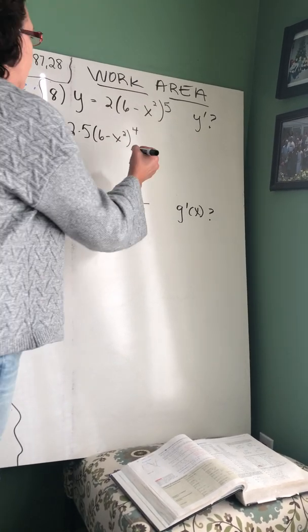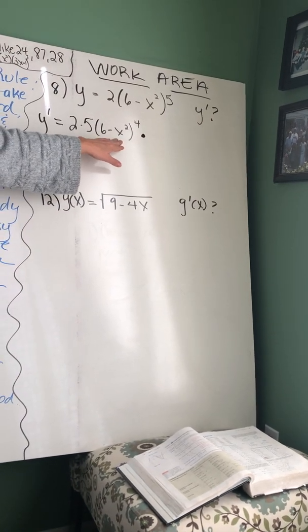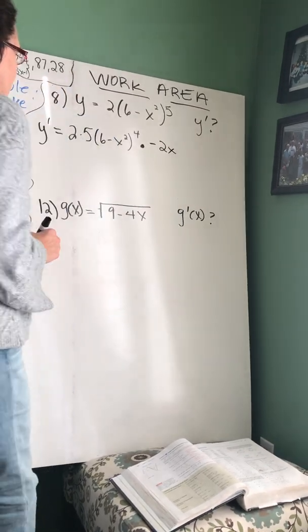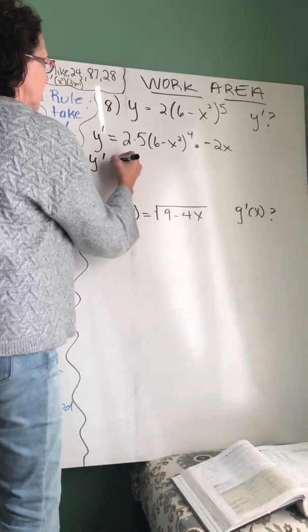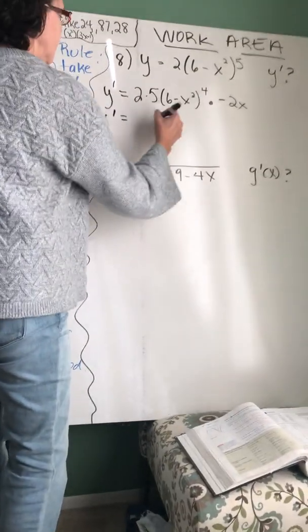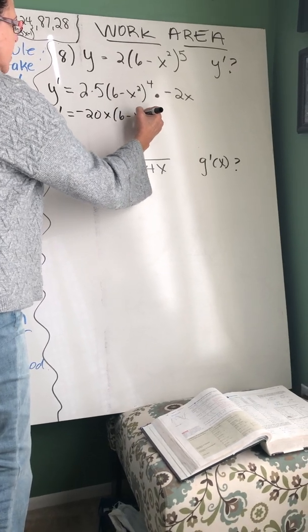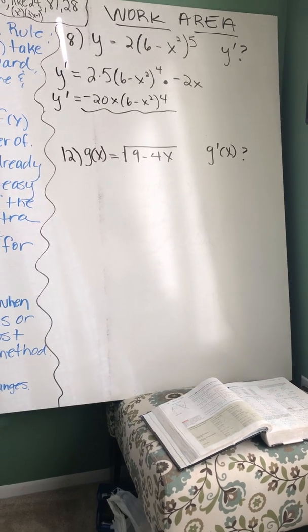I will now do that with the chain rule. I will multiply, and the derivative of 6 minus x squared is a negative 2x. There we go. I have taken the derivative of everything. Let's clean this up. 10, negative 2, negative 20x, 6 minus x squared to the fourth is our final answer.